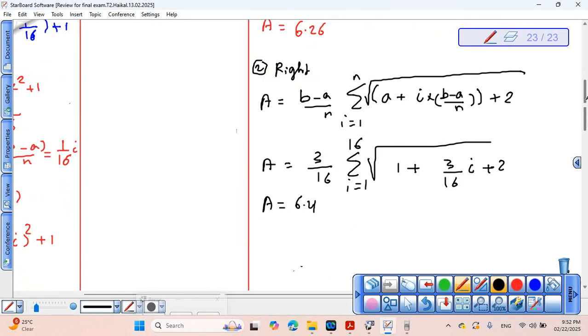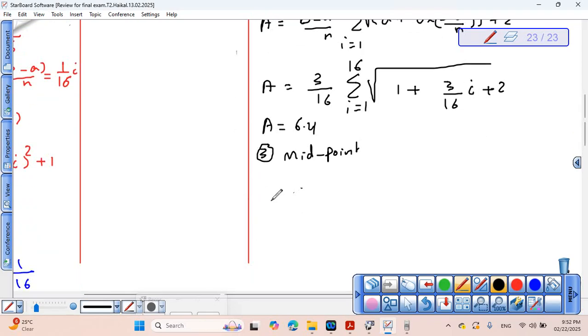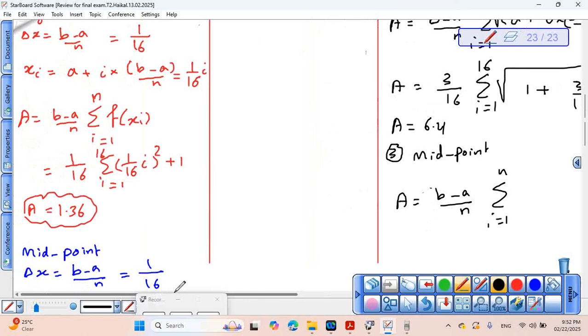Okay, the last step, midpoint. In the same way you can also use the general formula for the midpoint. Area equals (b minus a) over n, summation from i equals 1 to n, f of x_i, the midpoint here.